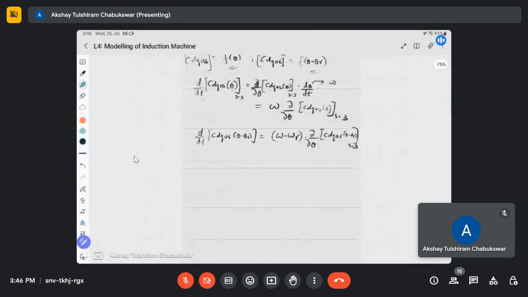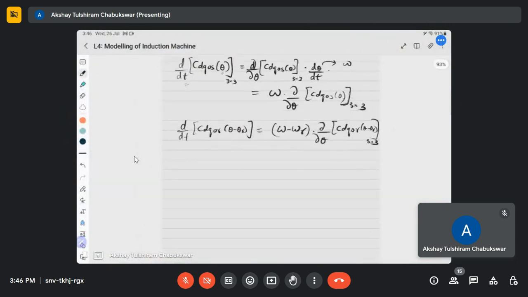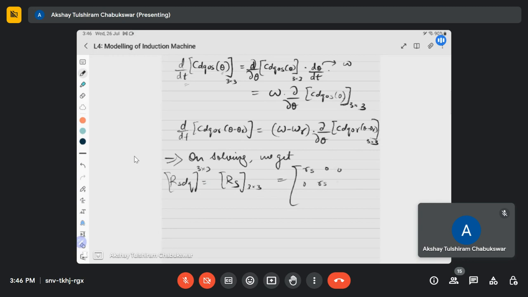I'll just quickly write here. On solving, what do we get? RSDQ is equal to RS only, which is nothing but RS 0 0, 0 RS 0, 0 0 RS.